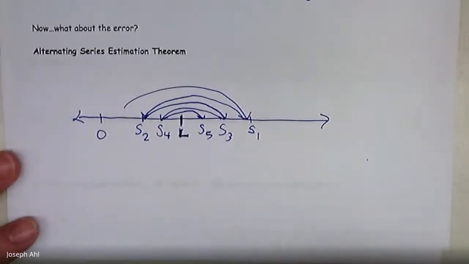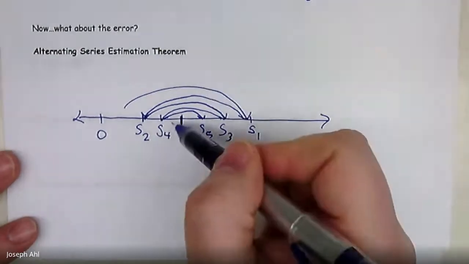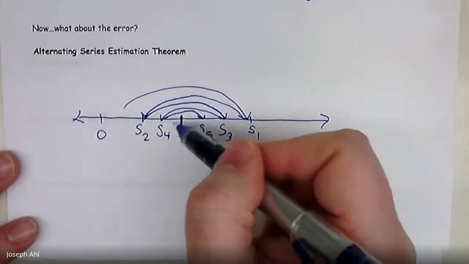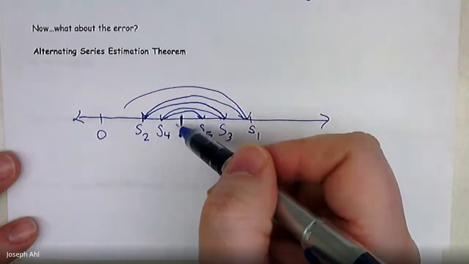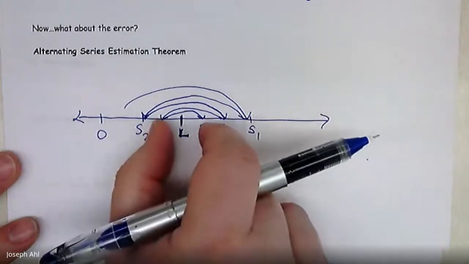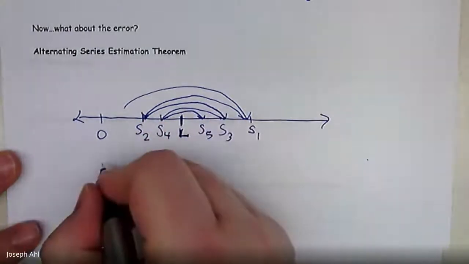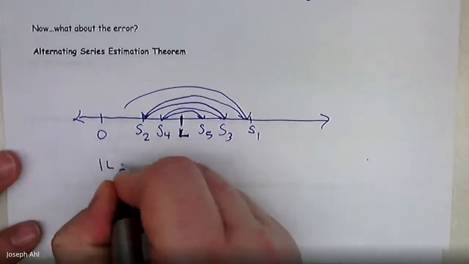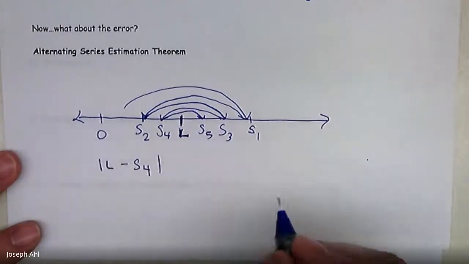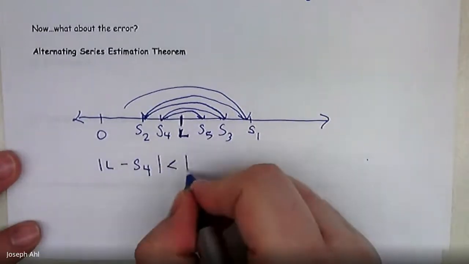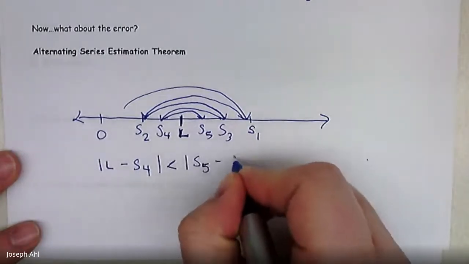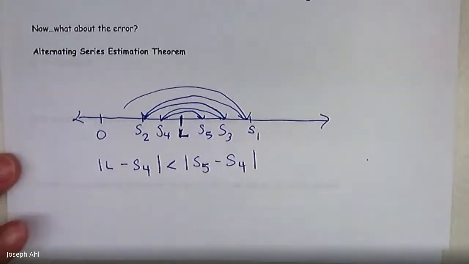If I look at a very specific example, the distance from the limit to S4 is going to be smaller than the distance between S4 and S5. So I'm going to write down that the absolute value of L minus S4 is less than this distance right here from S5 to S4.